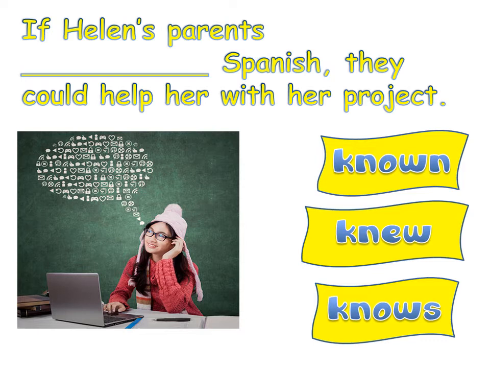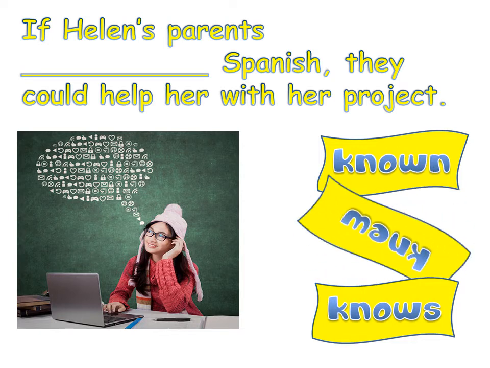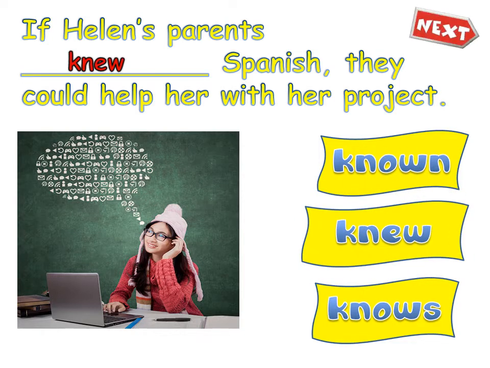As we saw in the form of conditional type 2, it's if plus subject plus simple past or unreal past plus would or could plus infinitive. I can also have could. So of course the correct answer here is knew. I need to write the simple past of the verb know. If Helen's parents knew Spanish, they could help her with her project.